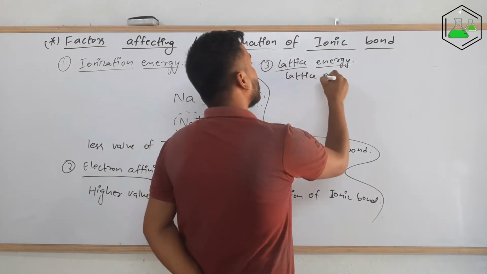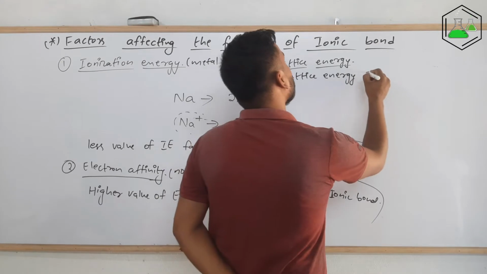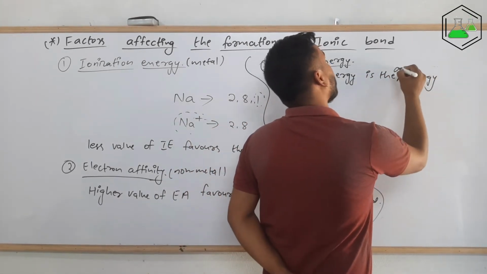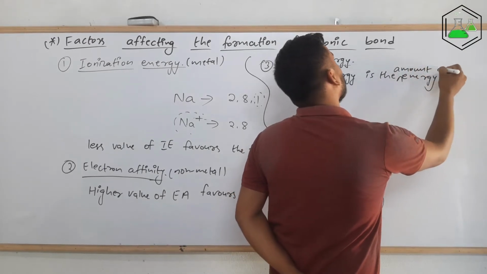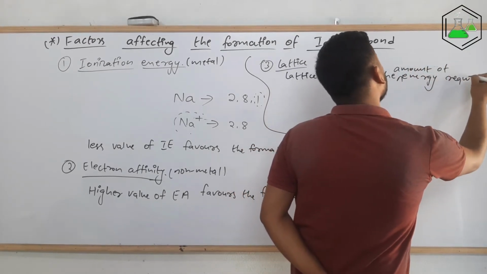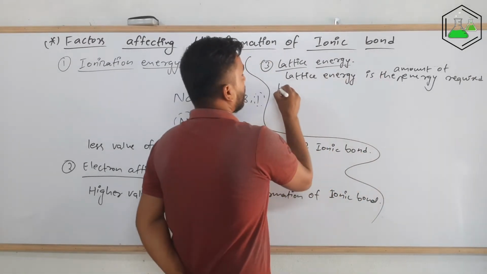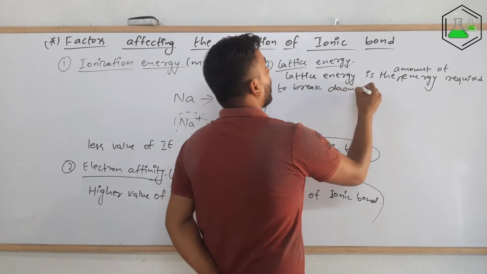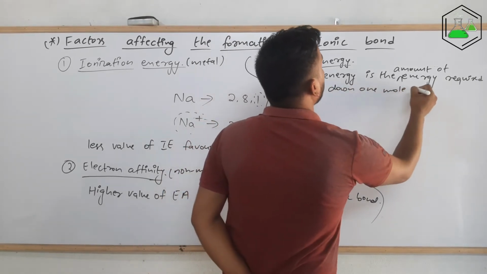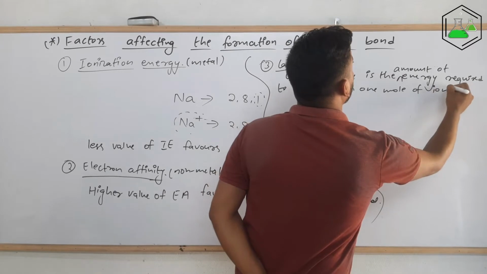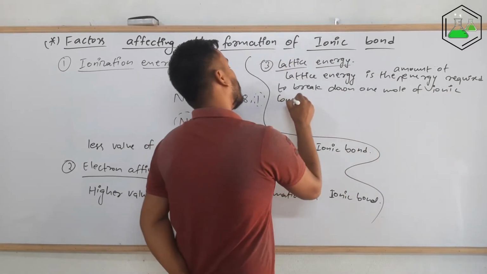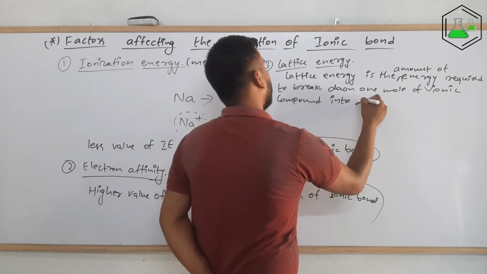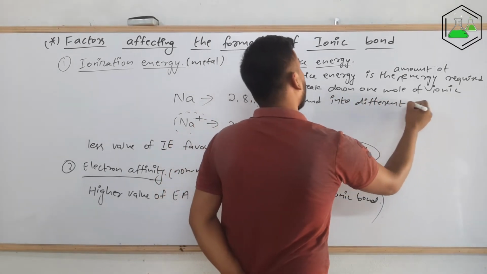Lattice energy is the amount of energy required to break down 1 mole of ionic compound into different ions.